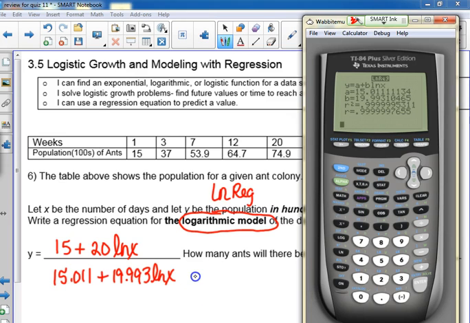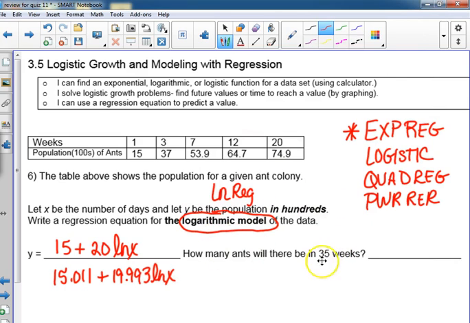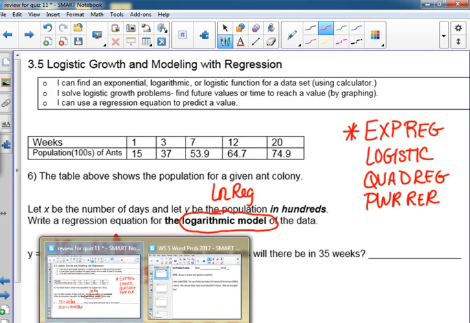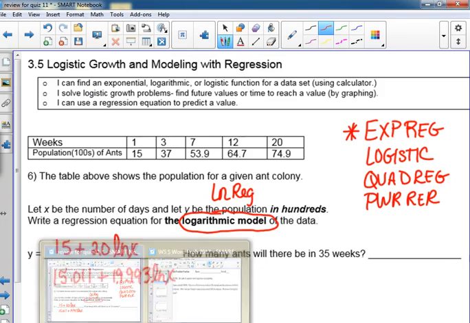Okay, anything looking like it might be important about this? We need to plug in 35, but what do we need to answer in? Hundreds. Okay, you need to make sure we answer in hundreds, so we just need to put that label on when we're done. I really don't want to give anybody a 4 because they didn't put a label.